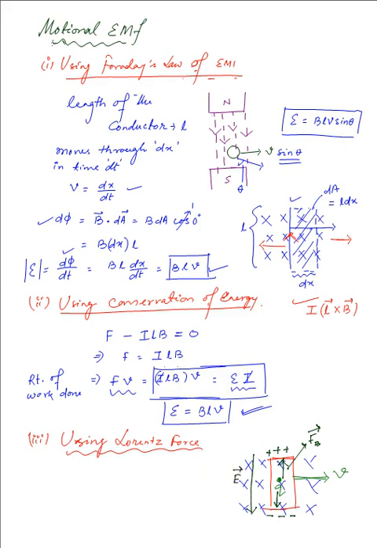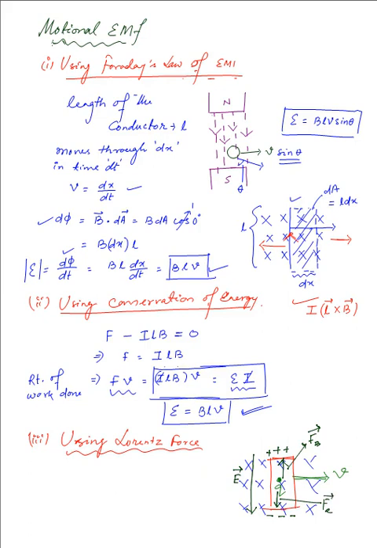There will be an electric field because of the potential difference created by the accumulation of the positive charge at the top and the negative charge at the bottom. This electric field drives the positive charge in the downward direction, and that results in the force due to the electric field.